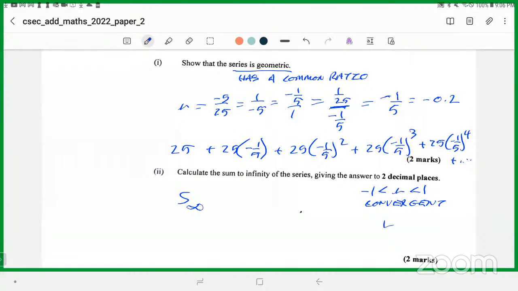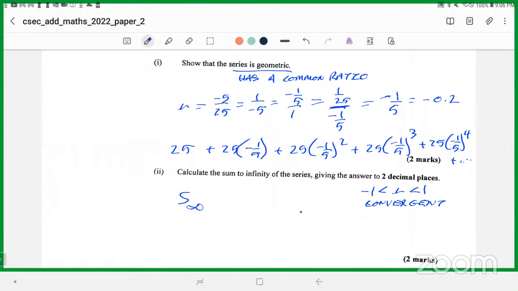We don't mean a value like 4/3, because 4/3 is 1 1/3. We are talking about a value like 3/4. That gives a value less than 1, whether it's a positive 3/4 or a negative 3/4. If your common ratio is that, then it will converge. It will have a sum that converges to what we call a sum to infinity.